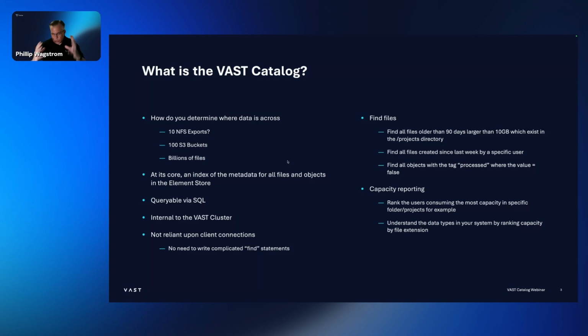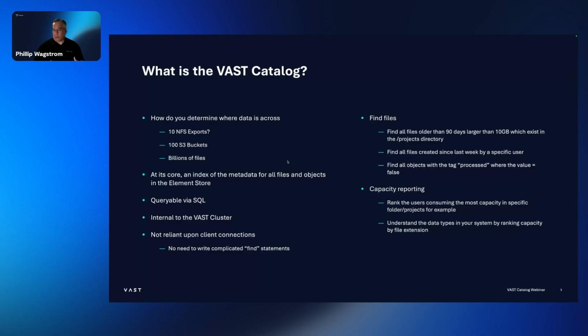We take all of that and put it into a database that you can then query via SQL or other methods to get this information. It's internal to the VAST cluster. It does use the VAST database mechanisms, but it is internal to the cluster. It's there without any additional charge. It's part of the platform itself.